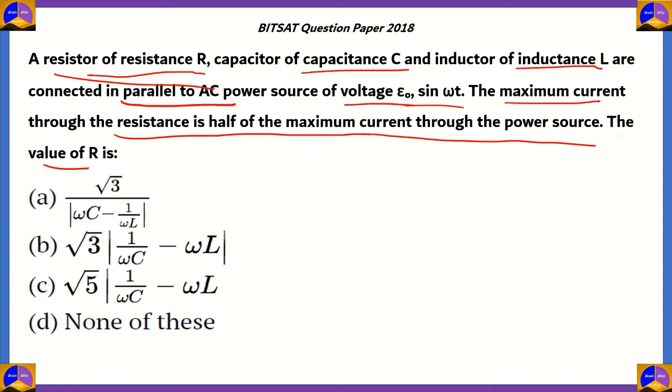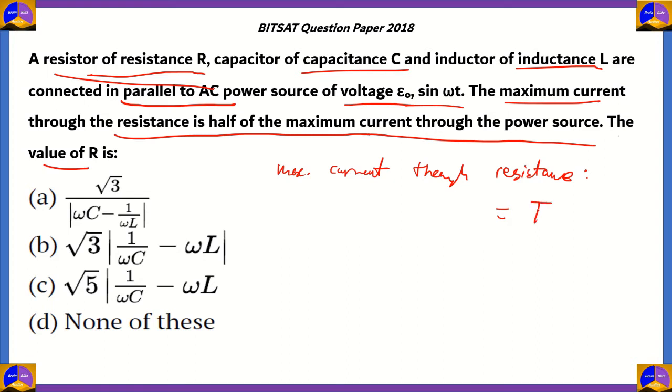The thing that you need to understand here is that the maximum current through the resistance in this type of circuit occurs when you have resonance.